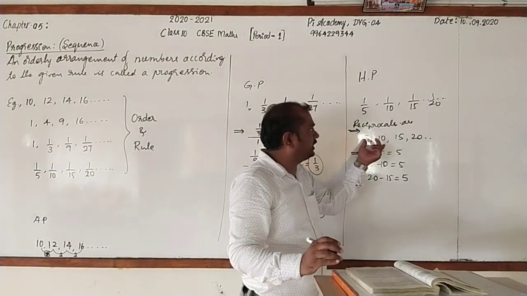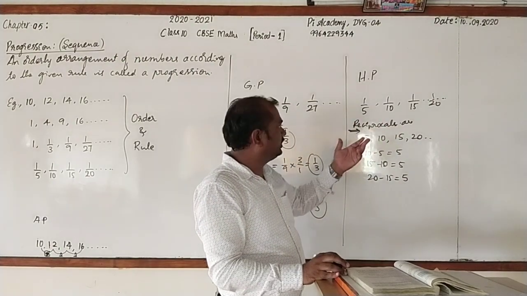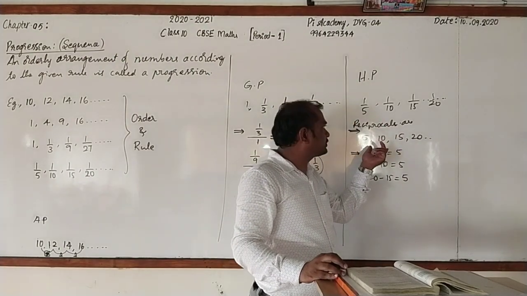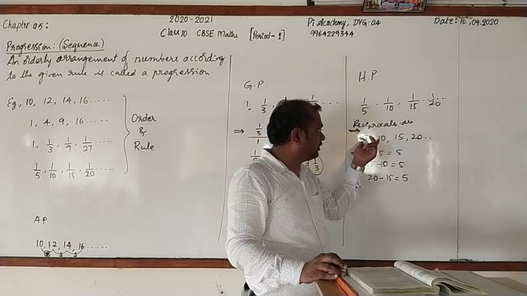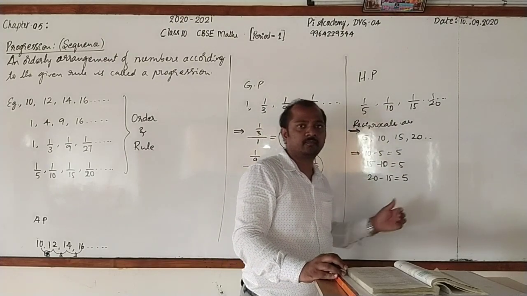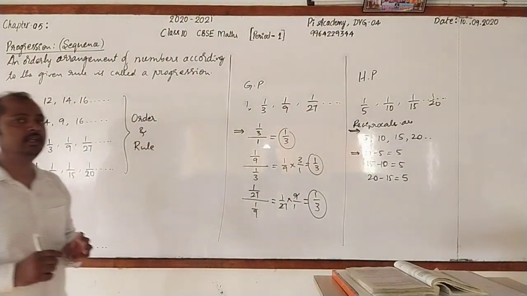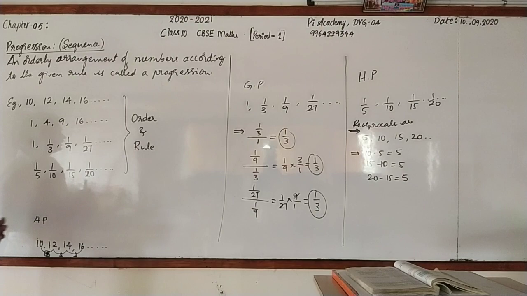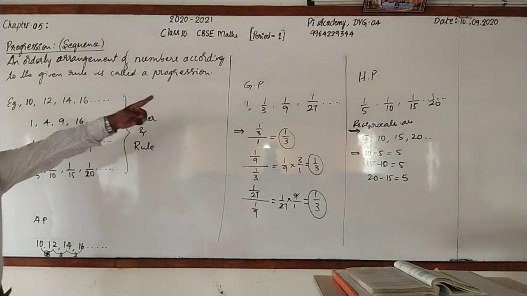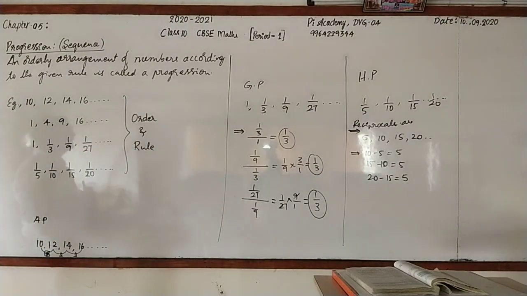Or else you can also write like this: the progression in which the difference between the reciprocal of a term and its preceding term is the same. So these are the three different types of progressions. What are these? One is AP, second one is GP, third one is HP.